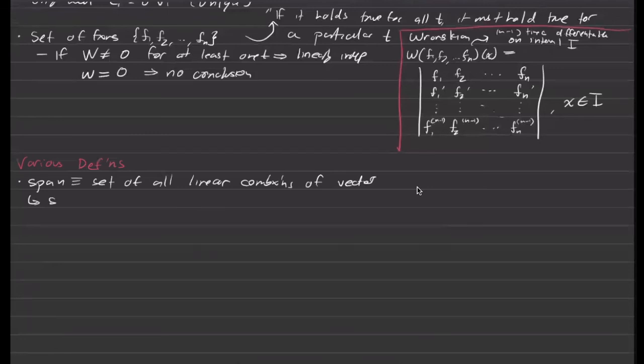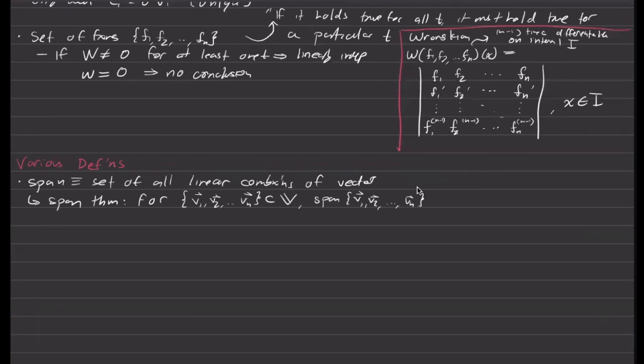This leads into the span theorem: if we have a set of vectors v1, v2, all the way up to vn, which are all members of our vector space V, then the span of my set of vectors is a subspace of V, not just a subset.